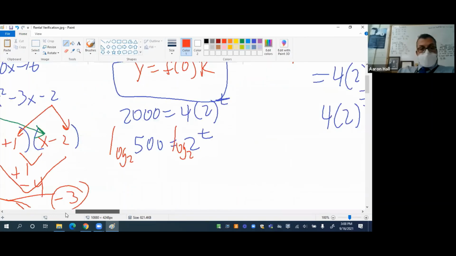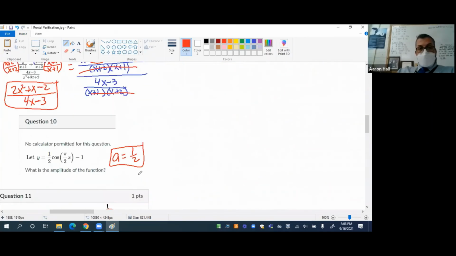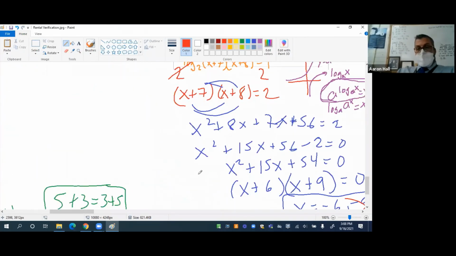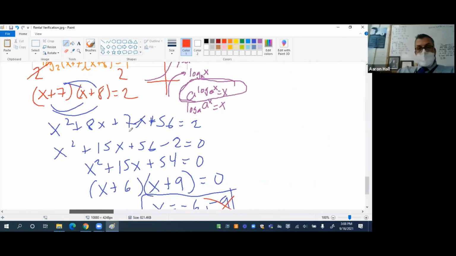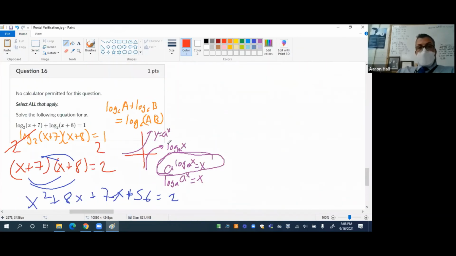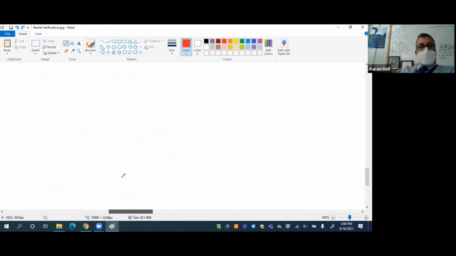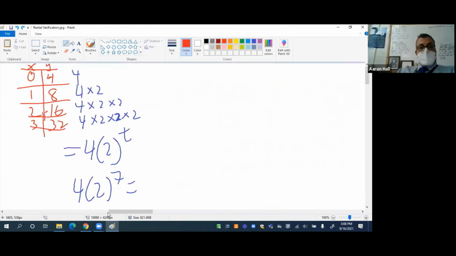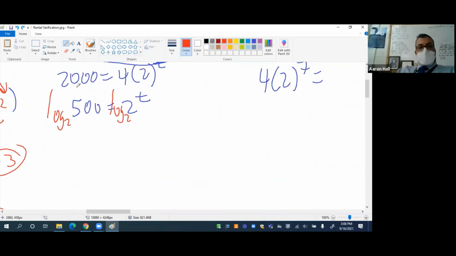What was that inverse? Log base 2 of 2 to the power of x. These are so important. I hope these made sense to you when we went over them. The definition of a logarithm is that it's an inverse of an exponential. Whenever I have log base a of a to the power of x, the answer is just x. So this becomes easier to solve. What is this over here? It's just t.